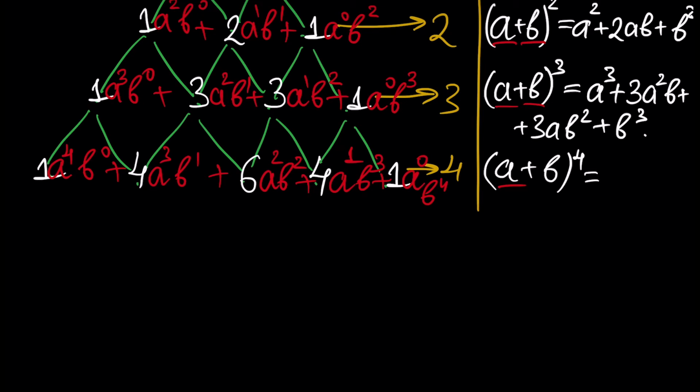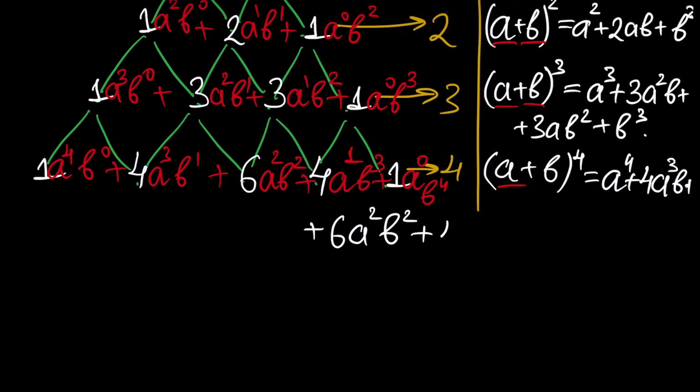If we rewrite it, it will be a to the power 4 plus 4a to the power 3 b plus 6a to the power 2 b to the power 2, plus 4ab to the power 3, plus b to the power 4, and so on.